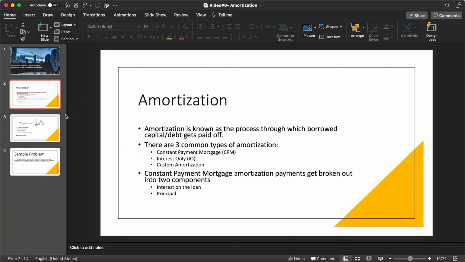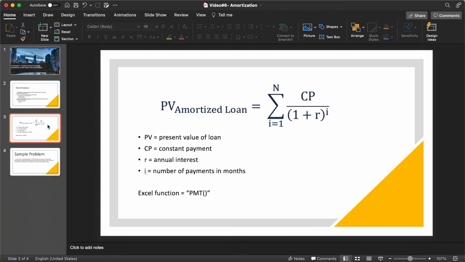So the way you calculate that payment is through this formula right here, where PV, amortized loan, is equal to the present value of the principal. So if you take out a $100,000 loan, that's where you start. That would be your present value. CP, the constant payment, that's what we're trying to calculate. R is the annual interest.